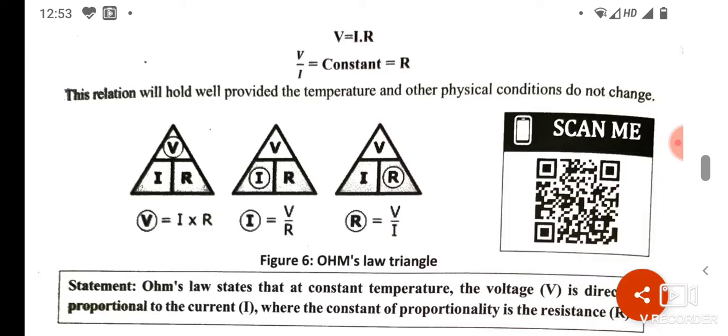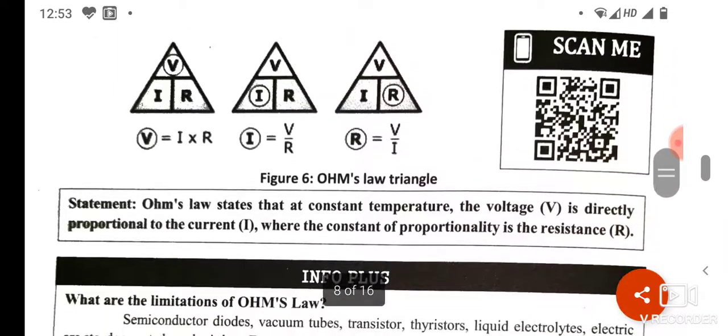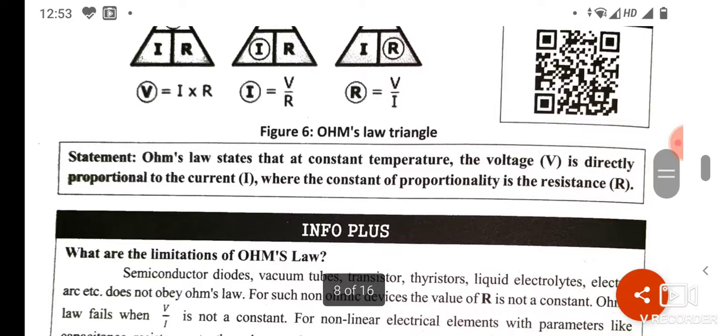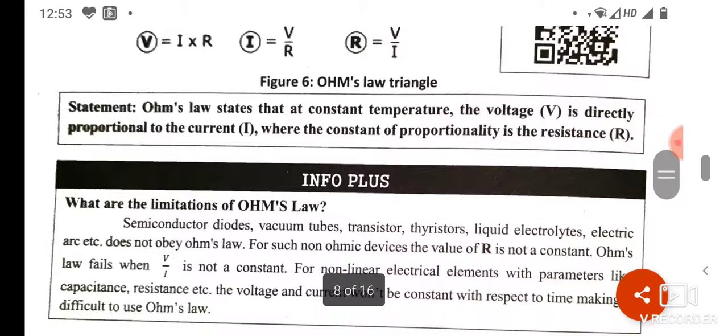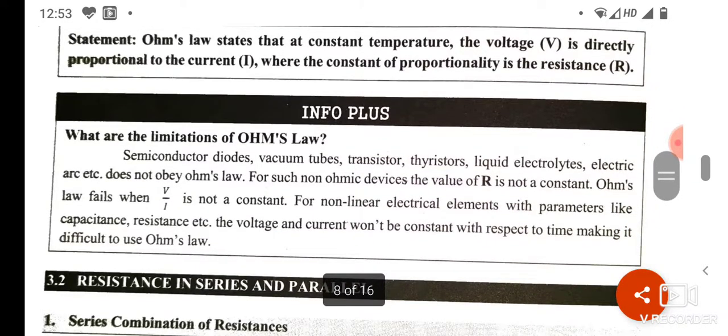So simply you can take these three equations from Ohm's law triangle. Ohm's law states that at a constant temperature, voltage V is directly proportional to current, where the constant of proportionality can be termed as resistance R. There are some limitations for Ohm's law which are out of our syllabus, but still we can discuss them. Semiconductor devices like diodes, vacuum tubes, transistors are all active devices.